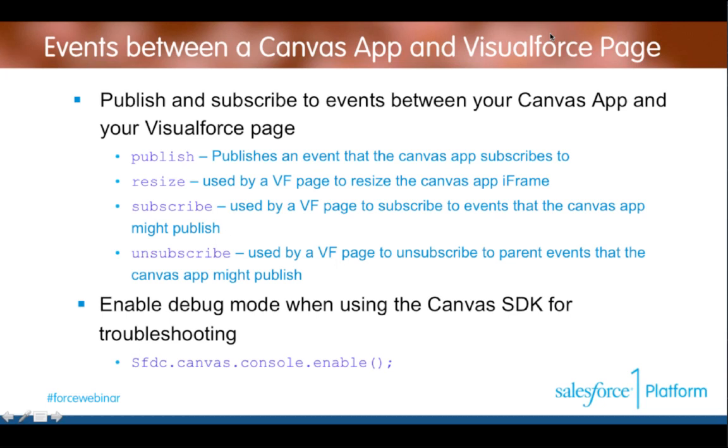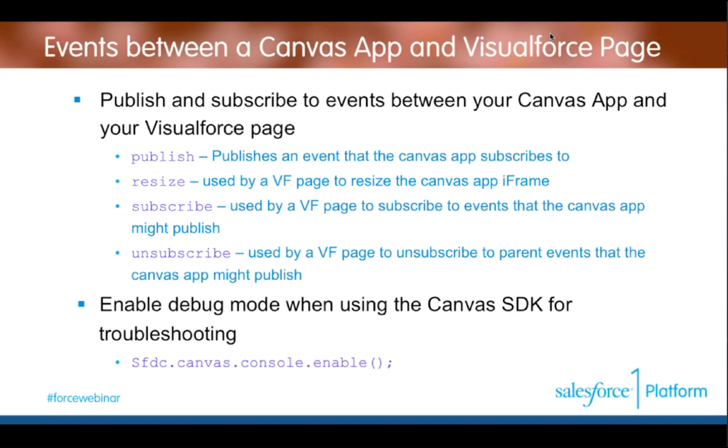And we do that with a pub sub kind of approach, which means that whether you're on the Canvas app or the Visualforce page, you can publish a topic, and then the Canvas app or the Visualforce page that is interacting with that can subscribe to that topic.